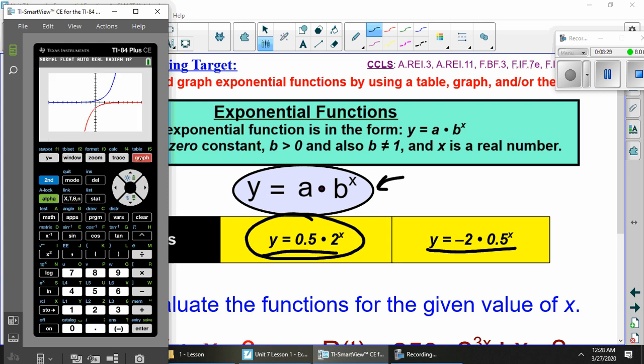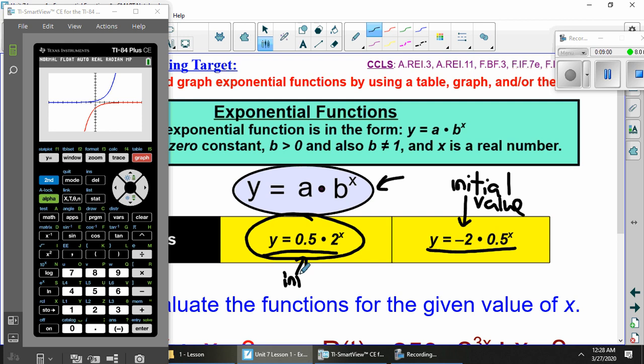All right, since it's -2 times 0.5 to the x power, it kind of looks backwards, where it's below the x-axis, and it crosses, just look at it, it crosses at -2. This one is the initial value.